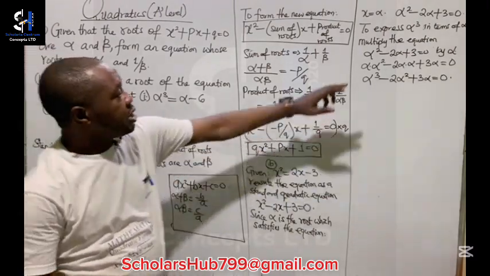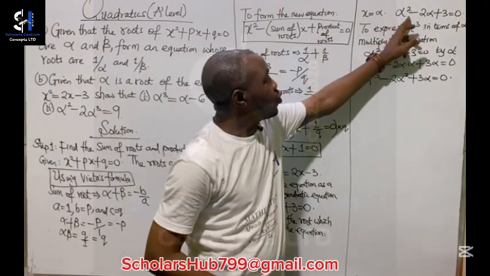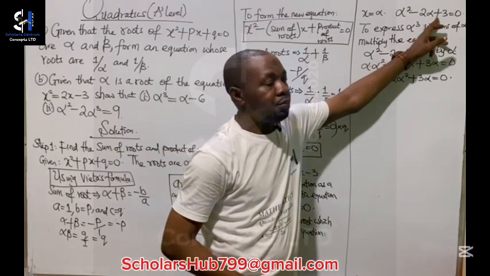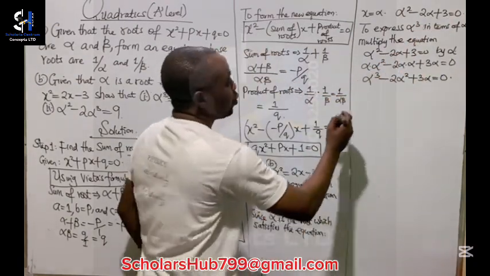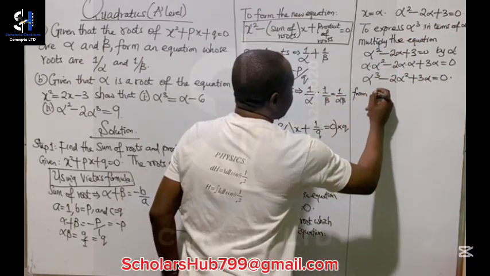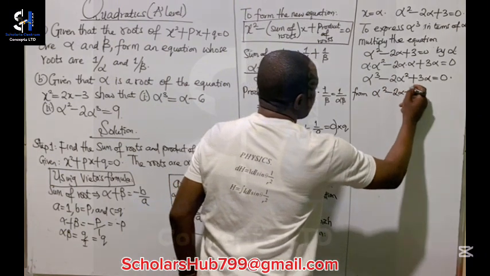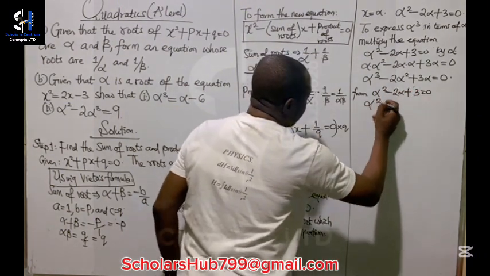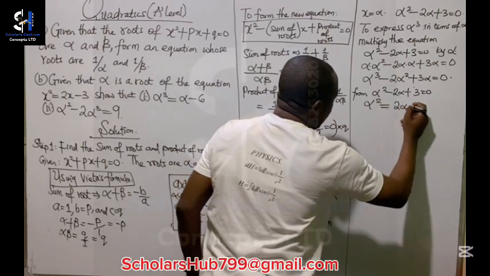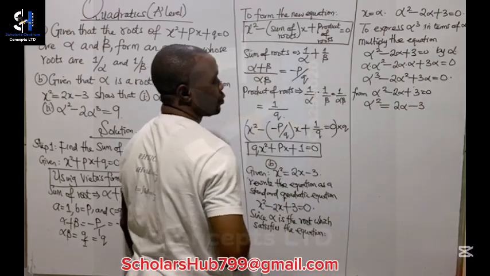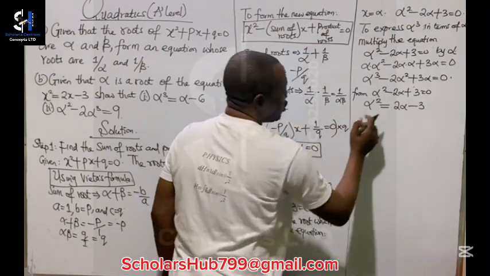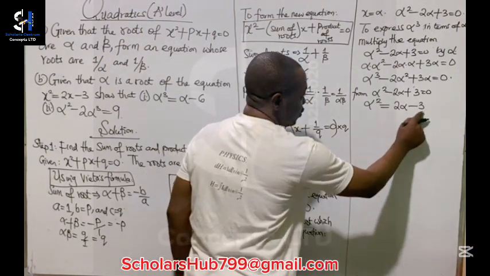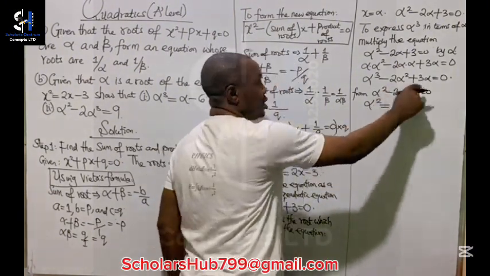Now, from alpha squared minus 2 alpha plus 3 equals 0, we know that alpha squared equals 2 alpha minus 3. So we substitute 2 alpha minus 3 for alpha squared in this equation.